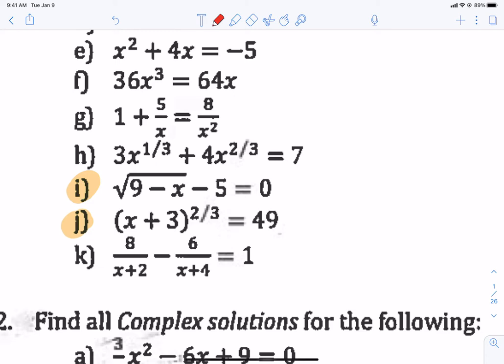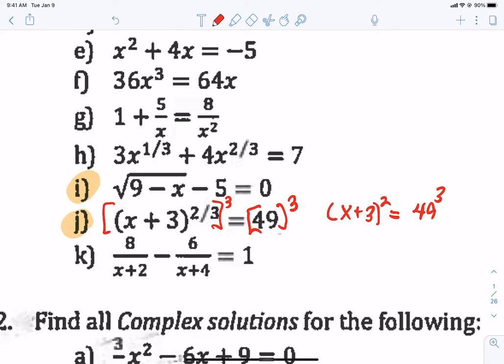So to get rid of the 3 in the bottom, let's cube both sides. Now I'm just going to write 49 cubed, okay? So now I'm going to get x plus 3 squared equals 49 cubed, just so that I don't necessarily have to completely rely on a calculator at this point. Now, if I want to do 49 times 49 times 49, you can.